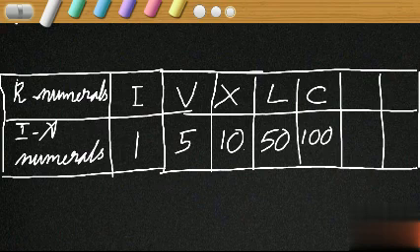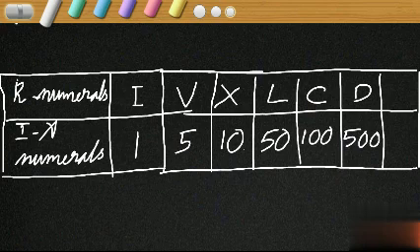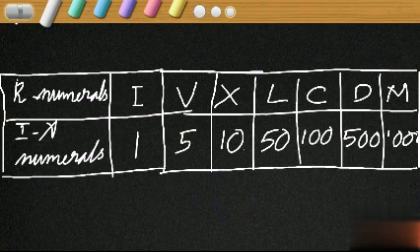C means what? 100. Next we have our D and D means 500. And finally we have M and M corresponds to our 1000.